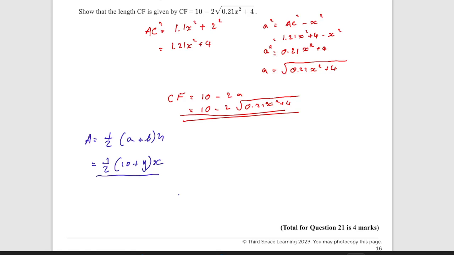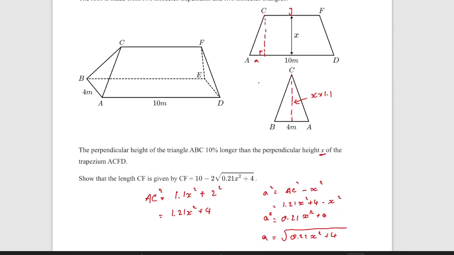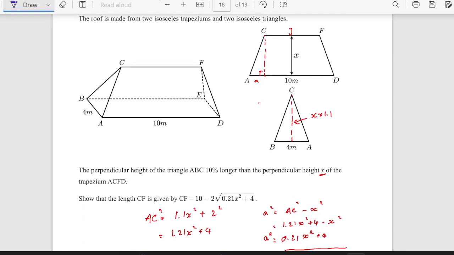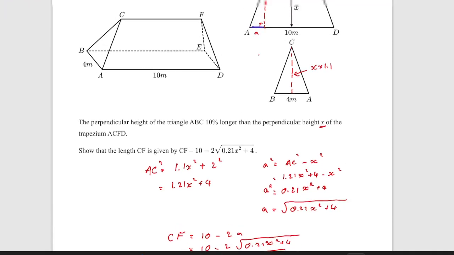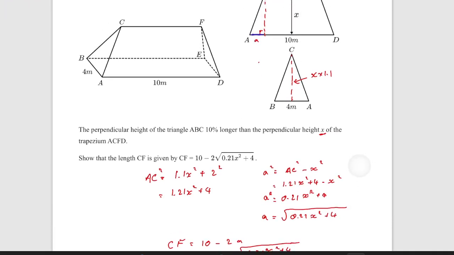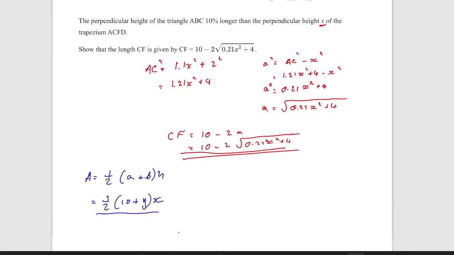And I'm going to say that the area of the shape could have also been found by looking at the area of the triangle. I'm actually going to have to follow exactly the same process here, so it's not going to be any different particularly. Let's just say it then.